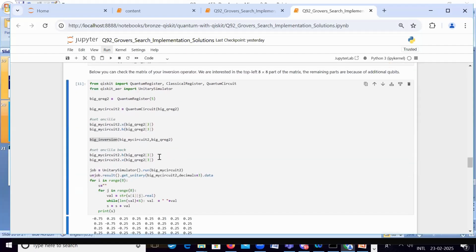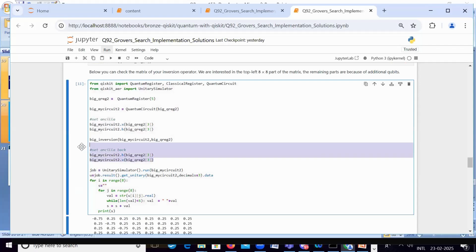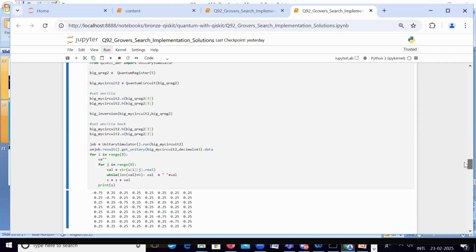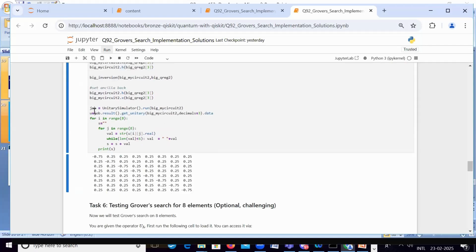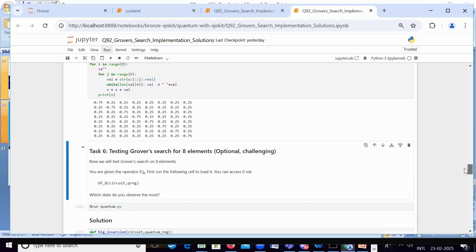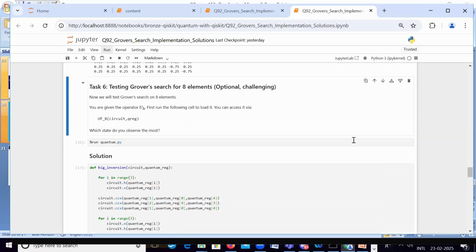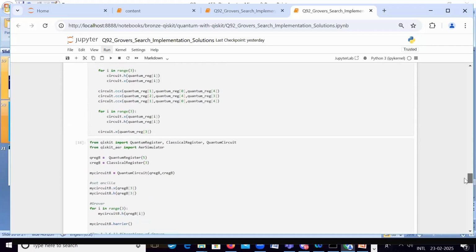And the next part is sending back the given operations, as that is a reversible one, and then representing that as the unitary matrix by using the unitary simulator here. One more, there's a sixth one, that is testing the Grover search for the 8 elements using the similar one, and here we can see the outcome.